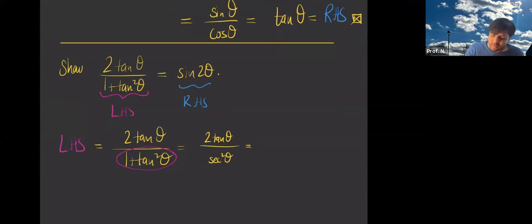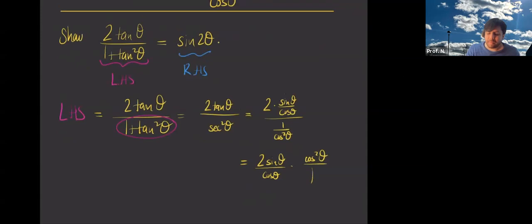Okay, and then I can rewrite this as 2 times sine theta over cosine theta divided by 1 over cosine squared theta. I'm going to rewrite it using sines and cosines. This becomes 2 sine theta over cosine theta. Keep, change, and flip. Cosines cancel.